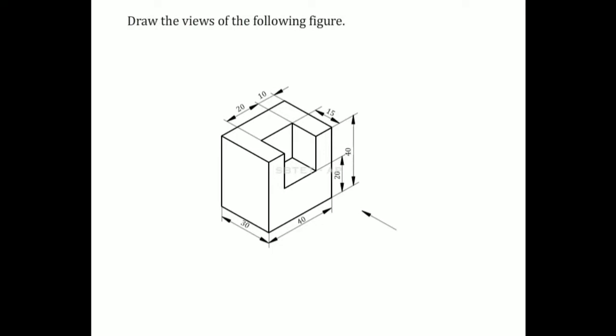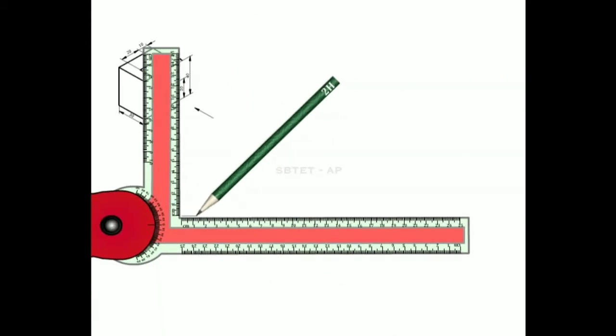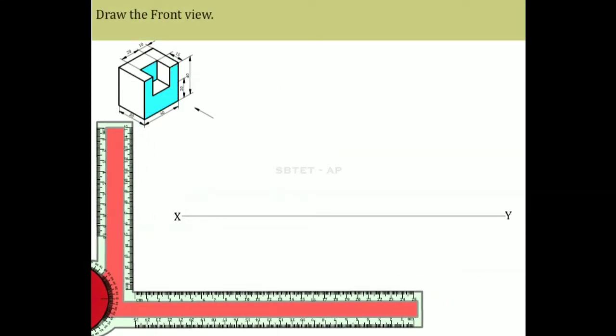Key orthographic views of an object for which the pictorial view is available. Draw the front view first.